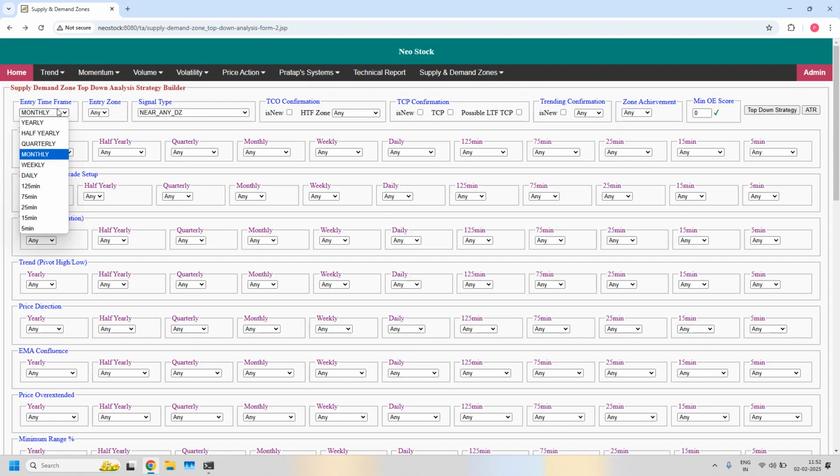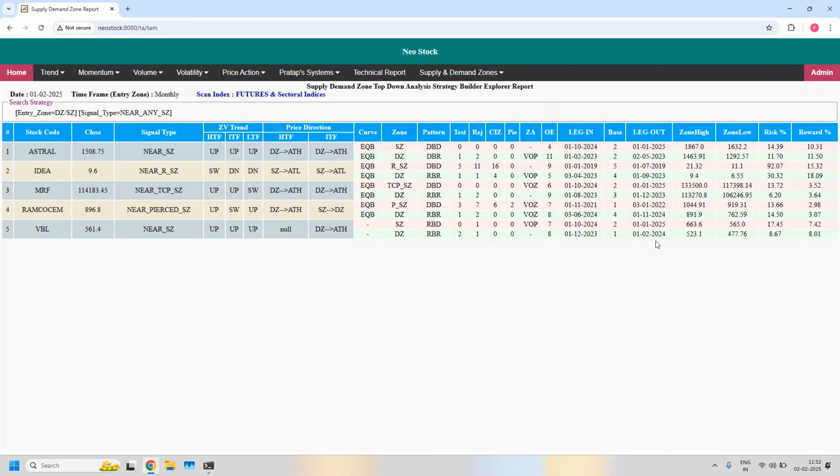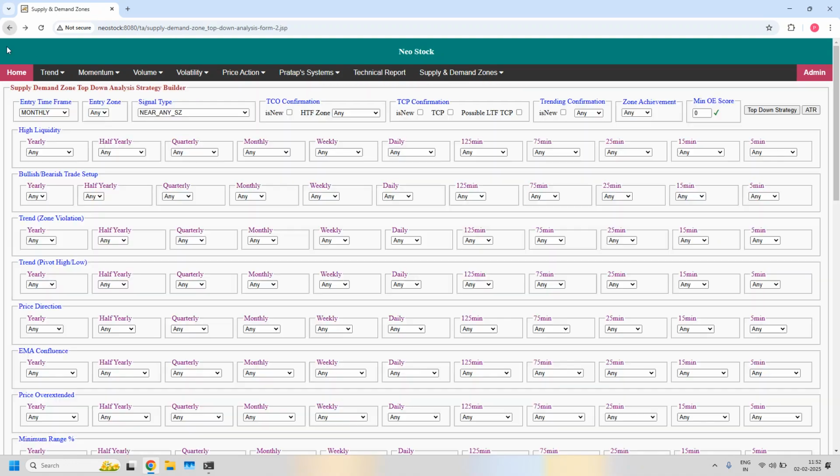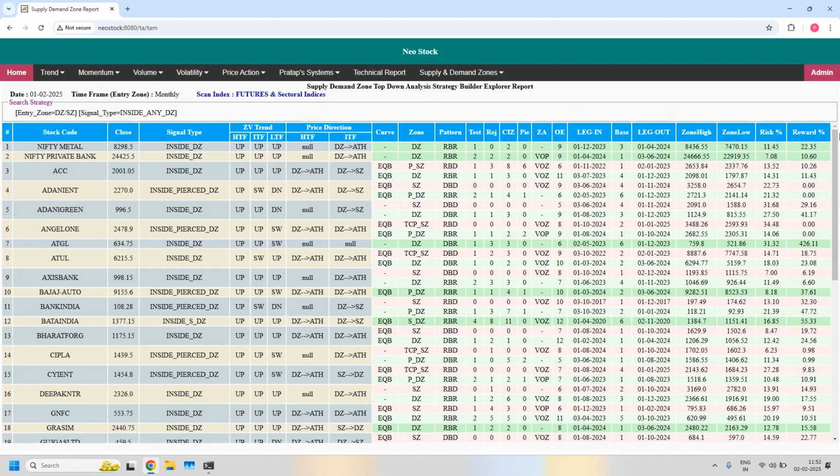Next, monthly time frame. Stocks near monthly supply zone. 5 stocks are filtered. Next, monthly time frame. Price closed inside the monthly demand zone.